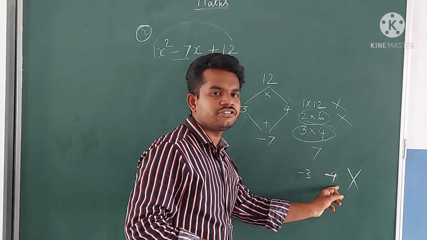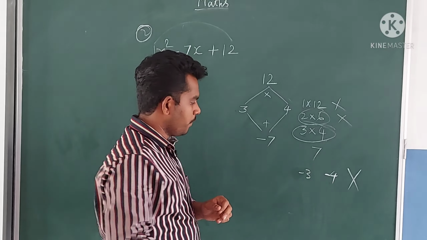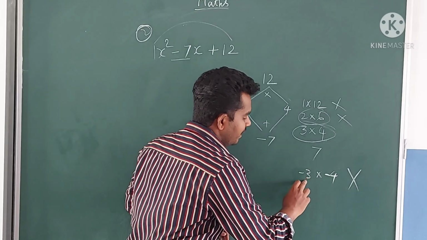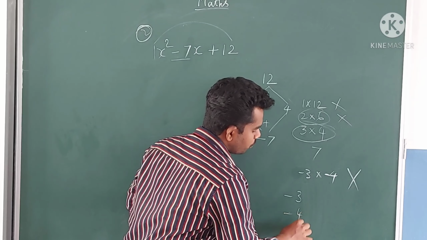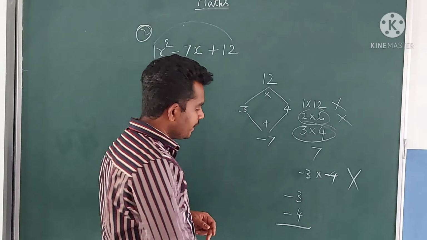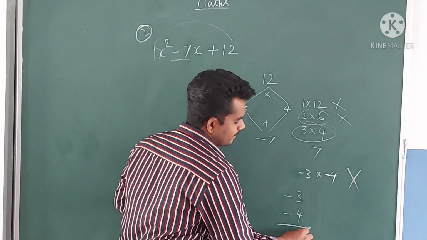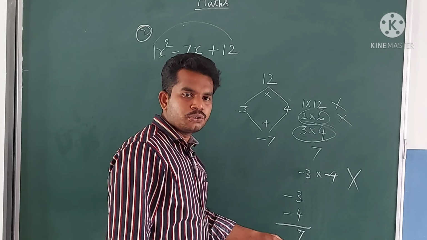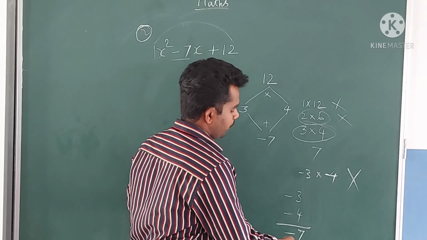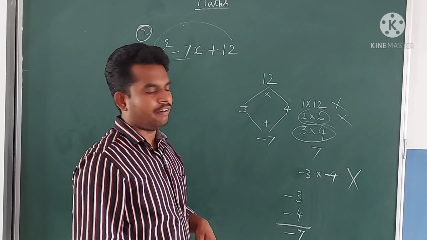Minus 3 into minus 4 is plus 12. Minus 3 minus 4, you should add these numbers, you will get 7, same sign. So you should put the same sign, minus 7.